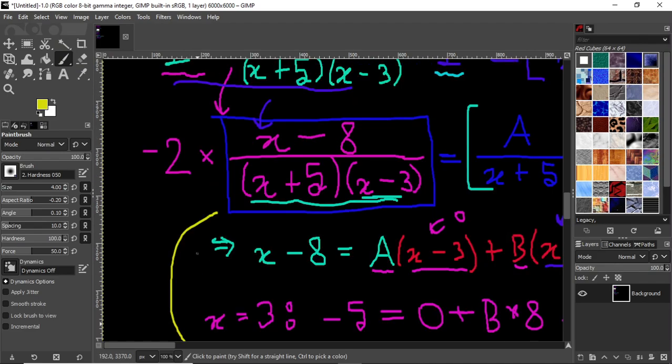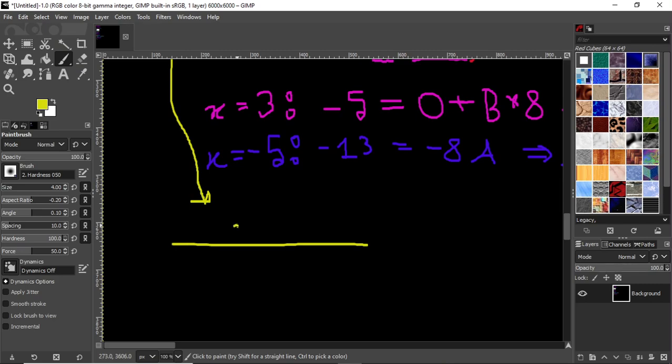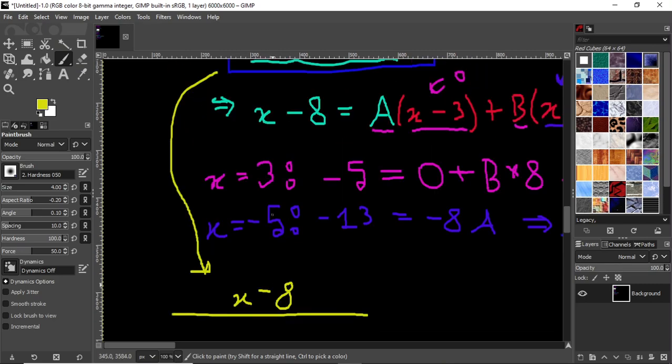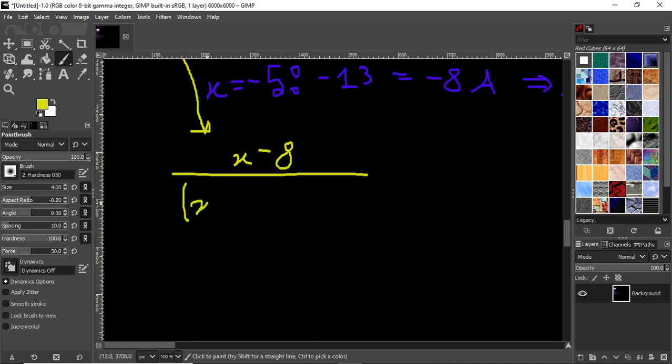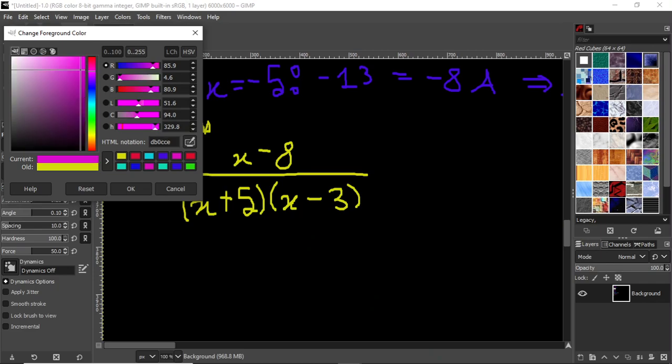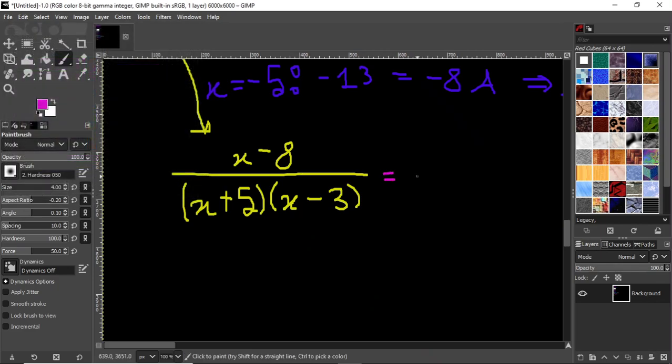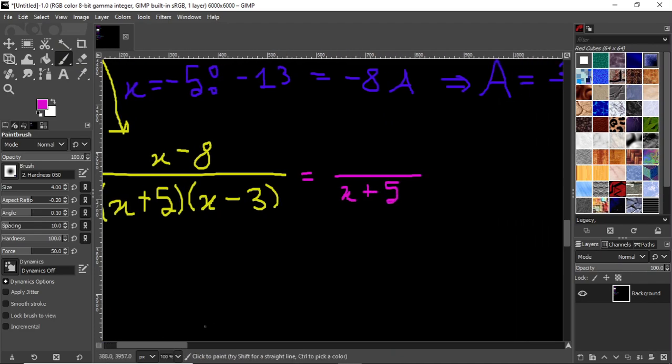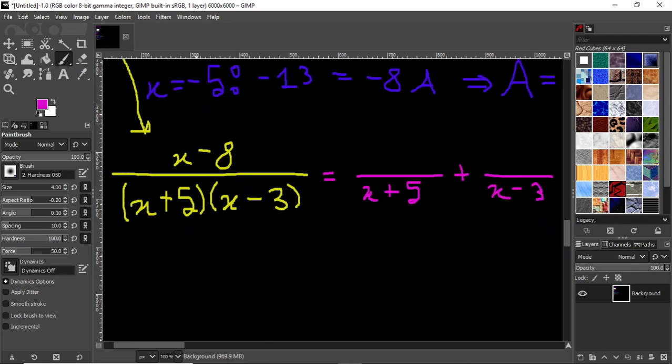So we broke down (x minus 8) divided by (x plus 5)(x minus 3), and this would be equal to something divided by x plus 5 plus something divided by x minus 3.